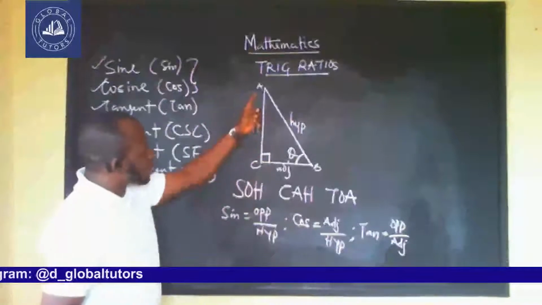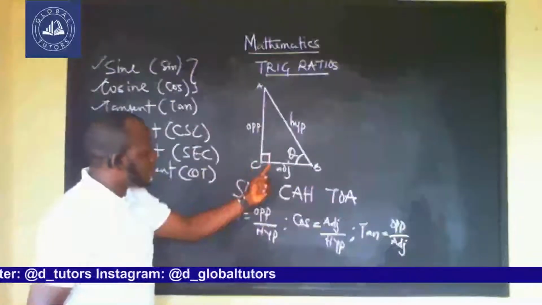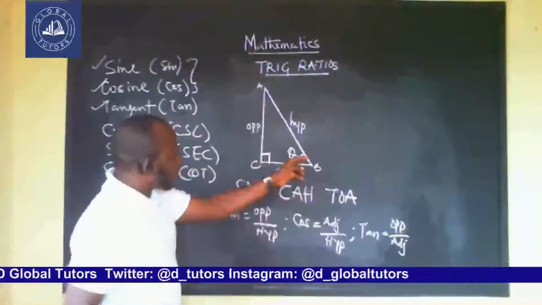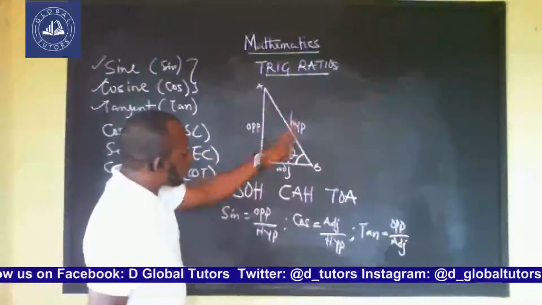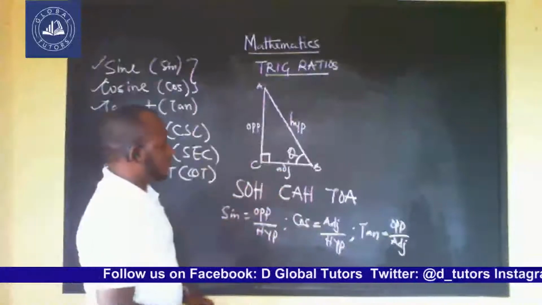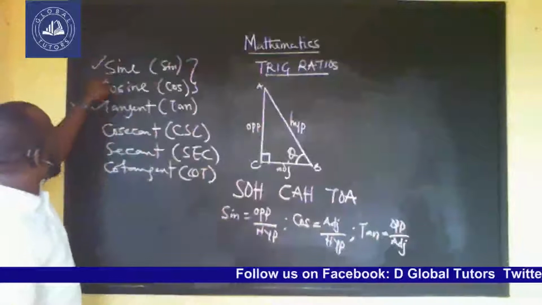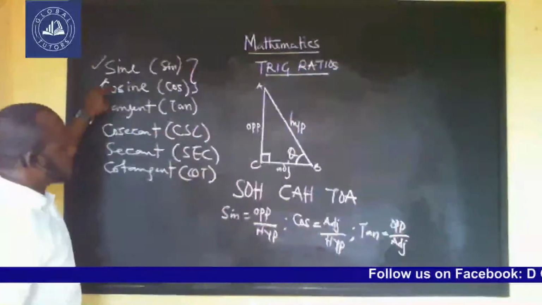So if we consider triangle ABC and it is right angle at C, then if we consider this angle as theta, the side facing it to be opposite. The longest side will be the hypotenuse and the other side will be what? Adjacent. Now, I said earlier that we want to look at the relationship between sine and cosine.